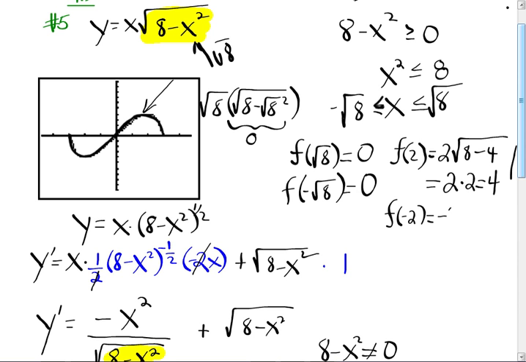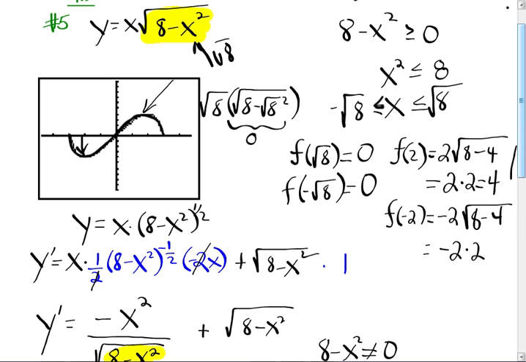It's negative 2 times the square root of 8 minus 4. So when x is negative 2, I get a minimum. It's right there. So it's negative 4. So this is why I would prefer the maximum existence theorem. It's just easier than the first derivative test.